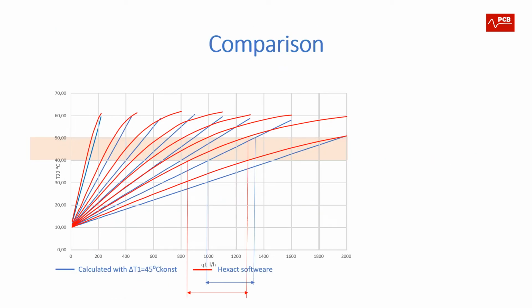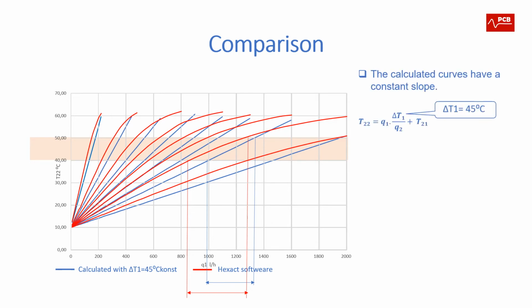If you make a direct comparison of the two static characteristics, the calculated one and the exact one, we see that the calculated one has linear curves because the delta T on the primary side is constant.